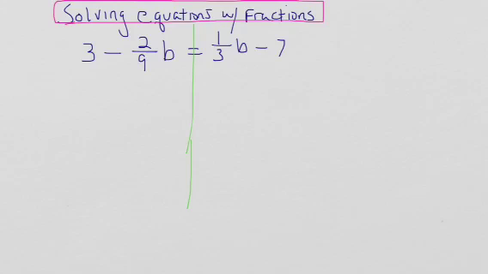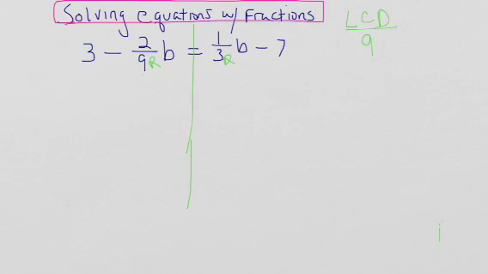So you can see in this case, over here we have a 9, and here we have a 3 in our denominator. So 9 goes into 9 one time. 3 also divides into 9 three times. So the least common denominator is 9.